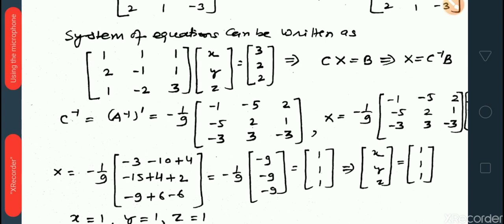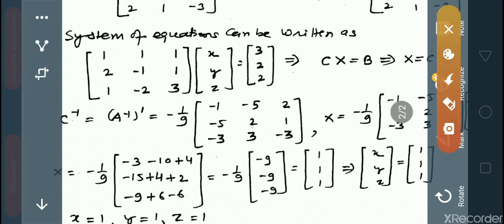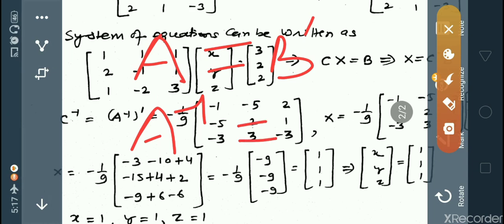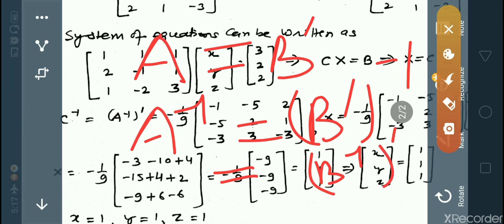So if two matrices are transposes of each other, then we can find their inverses if we know the inverse of the other. Suppose there are two matrices and A is equal to B transpose, then A inverse will be the inverse of this transpose, or we can also write it as B inverse transpose.